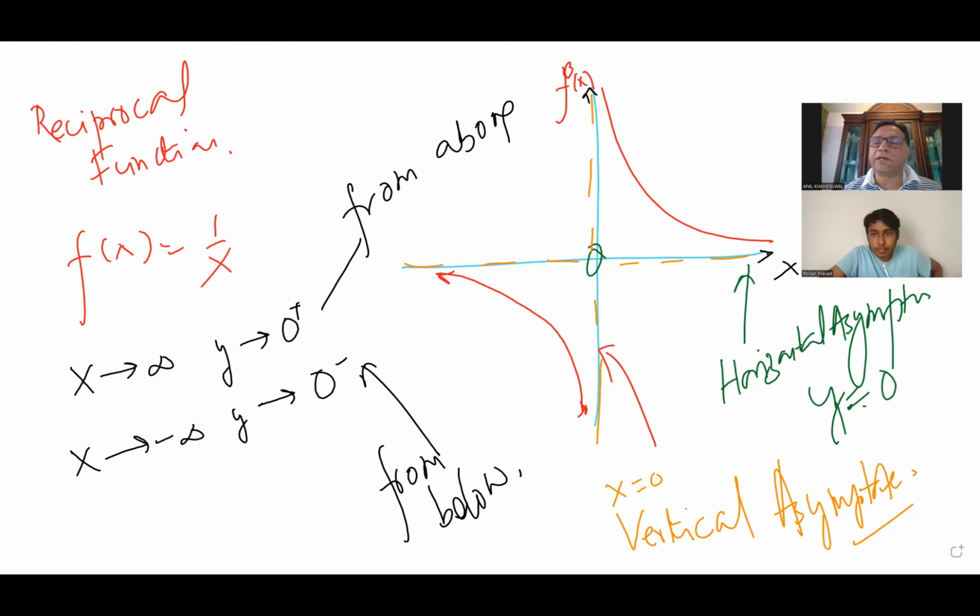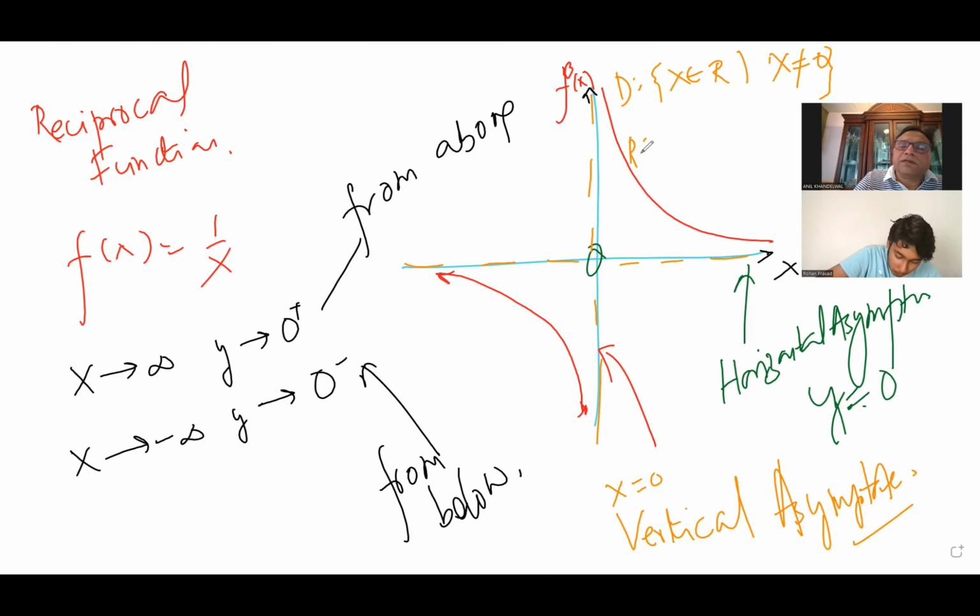Can you tell me the domain and range of this function? Domain and range. If x is real numbers, is it that x is not equal to 0? Yes. All of the other values are okay, right?